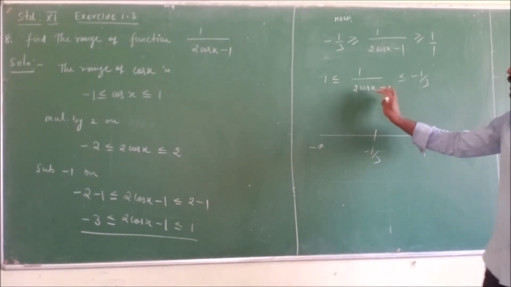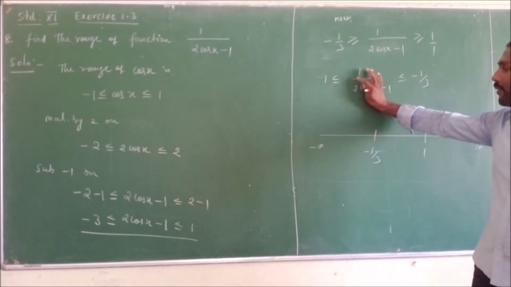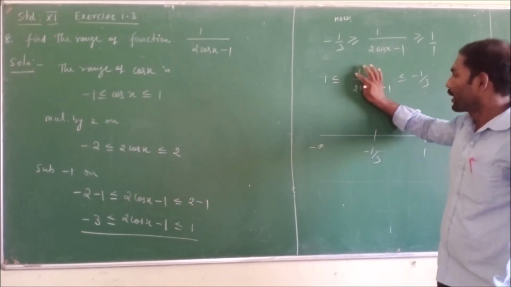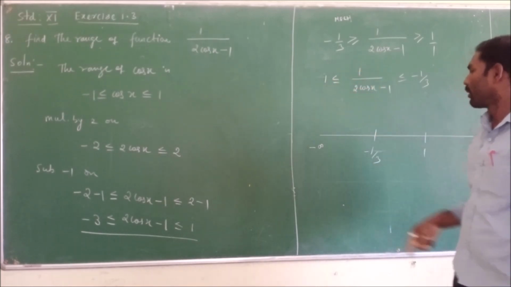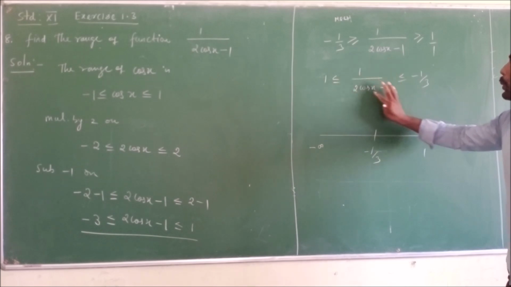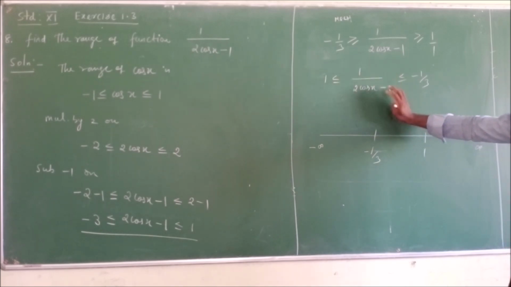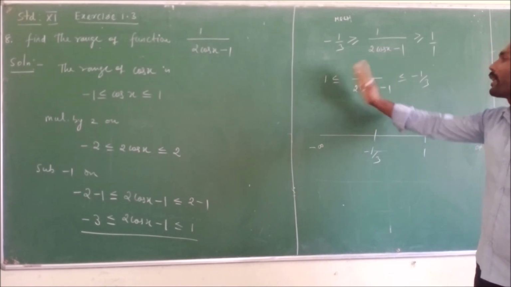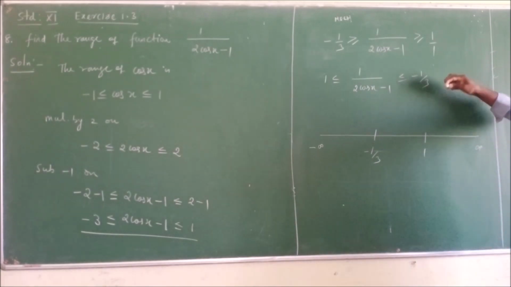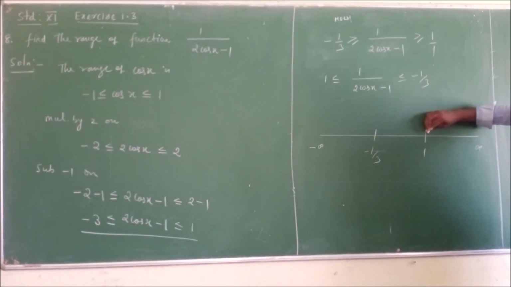It means that for f of x, greater than 1, f of x equals 1 by 2 cos x minus 1 takes values greater than 1. So f of x takes all values in this interval. F of x takes all values in this interval. This one is greater than 1.